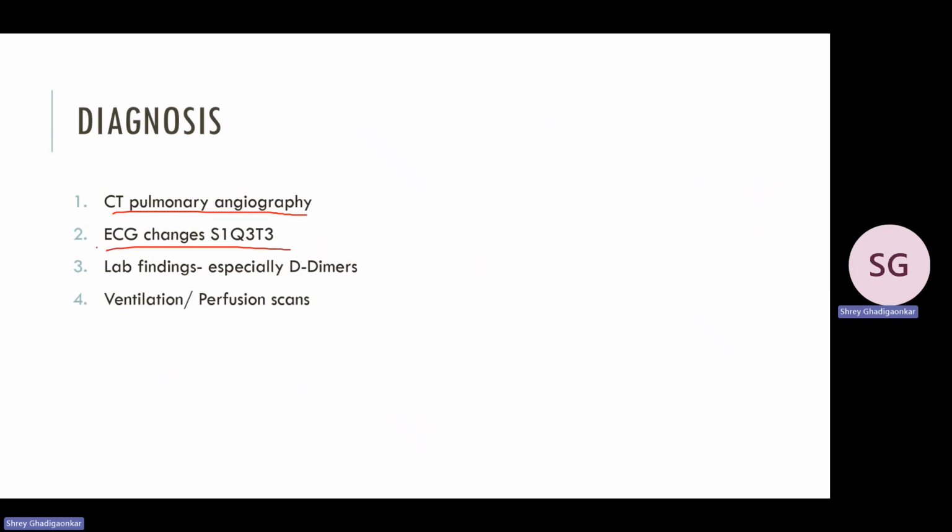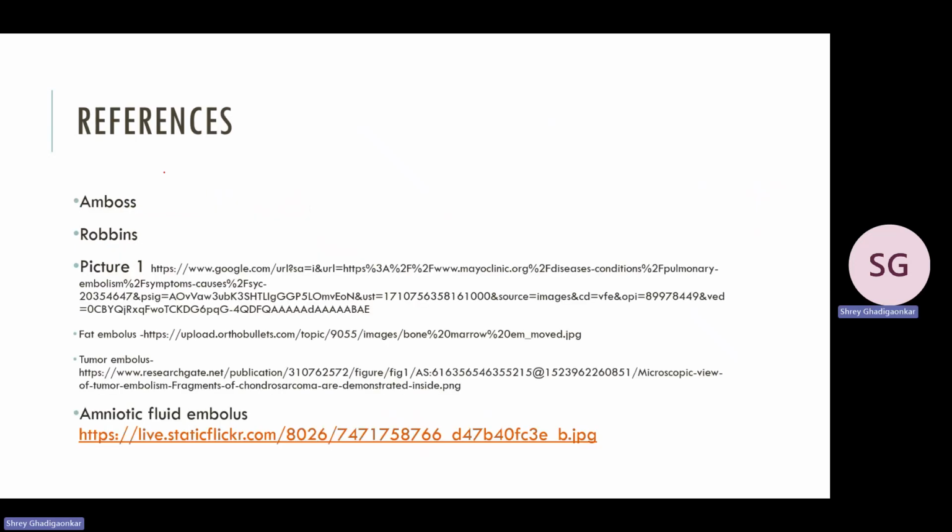Out of all of these, I feel it's important to know the lab findings, especially the D-dimer levels. These are usually elevated in cases of increased fibrinolytic activity, as well as in increased thrombus formation in the body, for instance in DIC as well. And finally, you can also have a ventilation perfusion scan. So these are the references used, and thank you for your time.